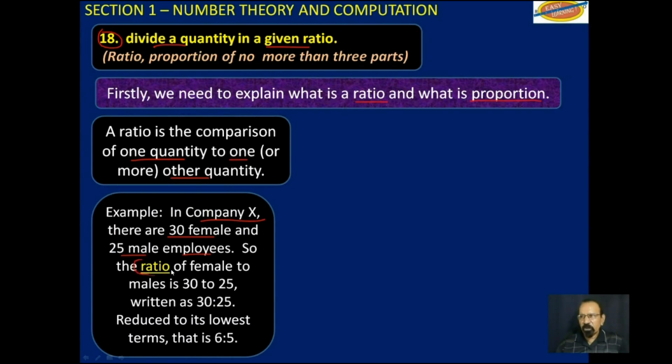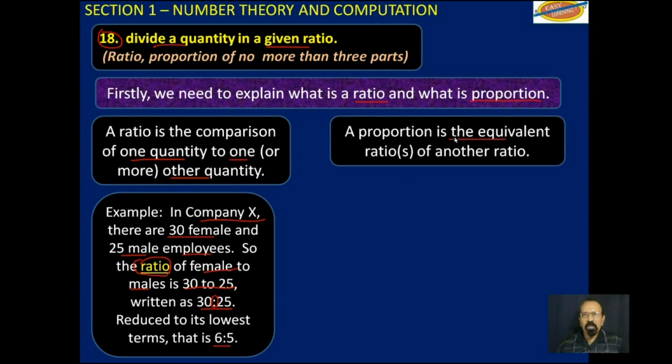So the ratio of females to males is 30 to 25, written as 30 colon 25, and that can be reduced to 6 to 5. So for every 6 female, there are 5 male employees.